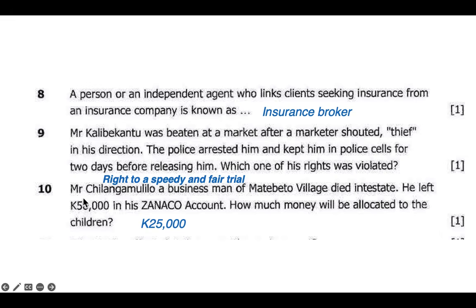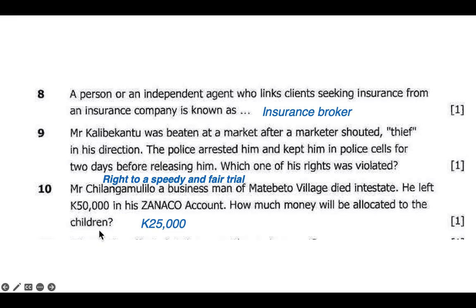And then question 10: Mr. Chirangamuliro, a businessman of Matebeto village, died intestate. He left 50,000 in his account. How much money will be allocated to the children? From the perspective of intestacy, 50% should go to the children.